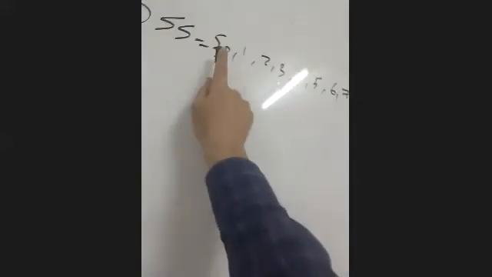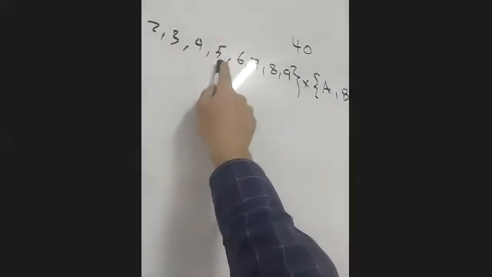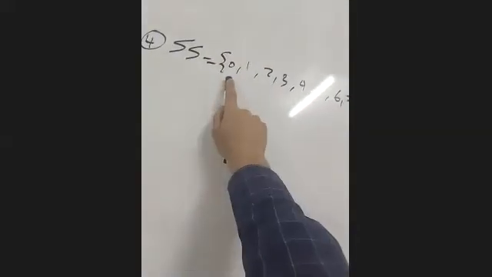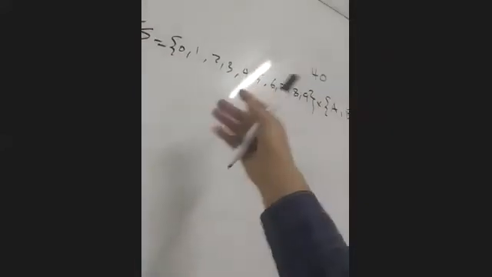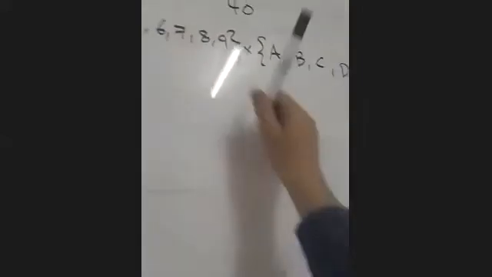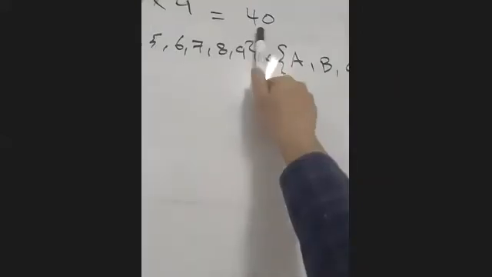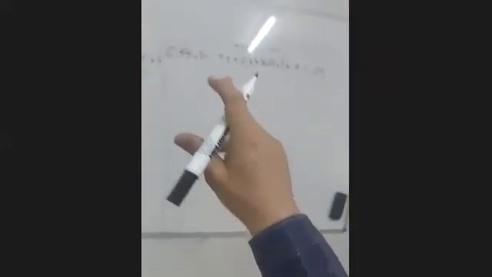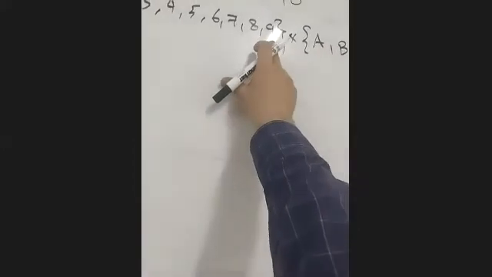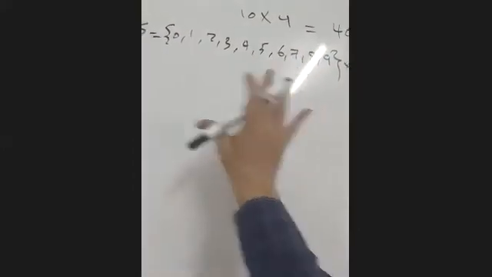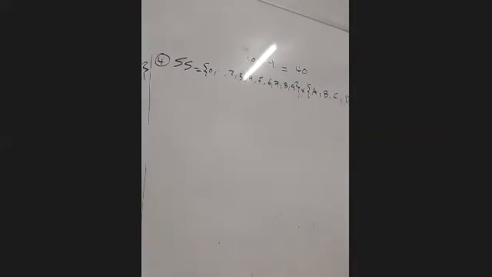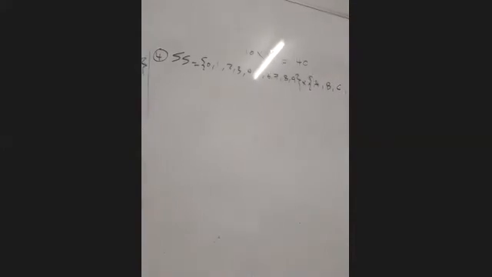No, count. 1, 2, 3, 4, 5, 6, 7, 8, 9, 10. We have 0. A number from 0 to 9, we have 10 outcomes. Now 10 multiplied by 4 equals 40 outcomes. Be careful, guys. If you have 0, count from 0. Don't look at the last number here, these are not 9 numbers. Here we have 10 numbers. So we have 40 outcomes in the sample space.